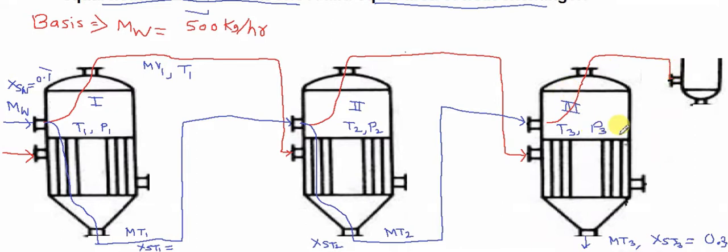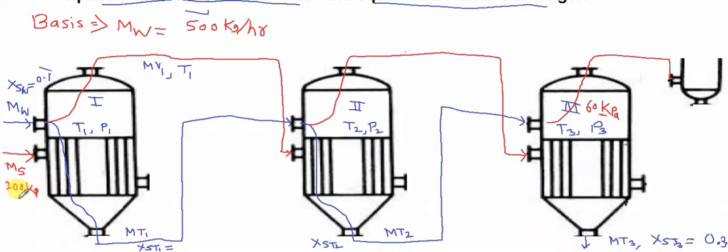Similarly, here the vapor is given to the condenser. The important thing is that the pressure in the third effect is given as 60 kilopascal absolute. So the pressure in the third effect evaporator is 60 kilopascal. They have also given the steam pressure; the steam flow rate is MS, which we have to find out. But the steam pressure is given as 200 kilopascal gauge.